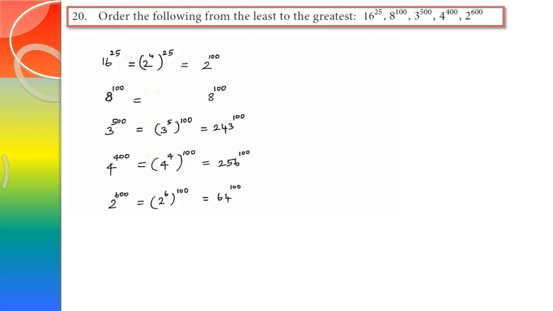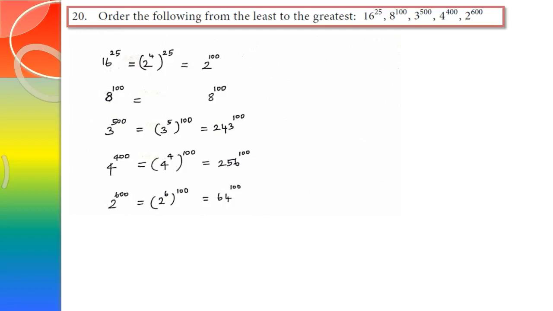So 4 power 4 means 256 power 100. Next, 2 power 600 is written as 2 power 6 into 100. 2 power 6 is 64, so 64 power 100. In these values the powers are the same.